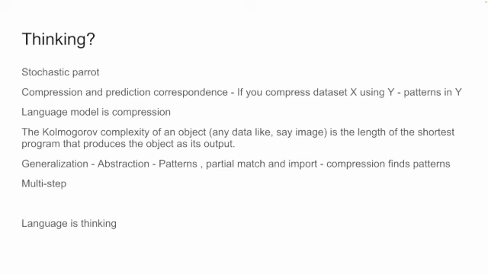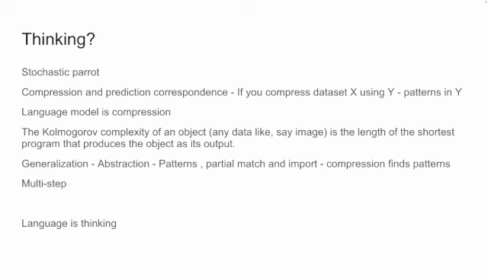Once you have achieved that, the program is the model for the image. It's the representation of the image, and it's the highest form of compression. It has found all the patterns, and that's the idea.